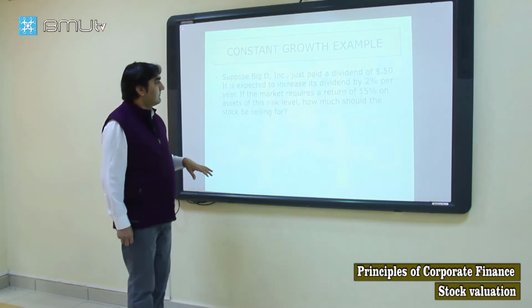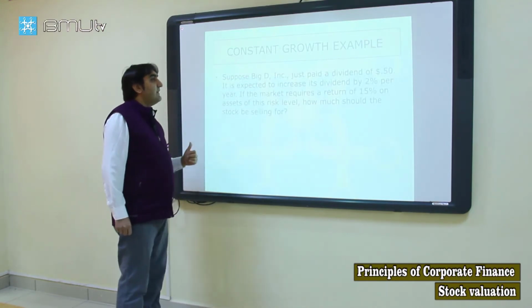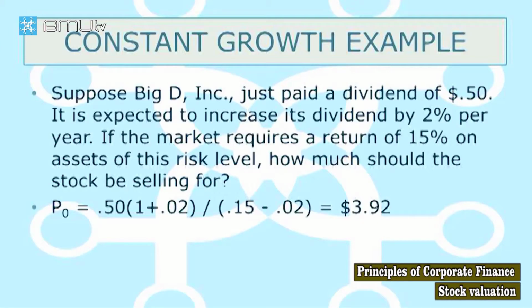Again, we have an example. Suppose Big Deal again just paid a dividend of $0.5. It's expected to increase its dividend by 2% per year, forever. If the market requires a return of 15% on assets of this risk level, how much should this stock be selling for?